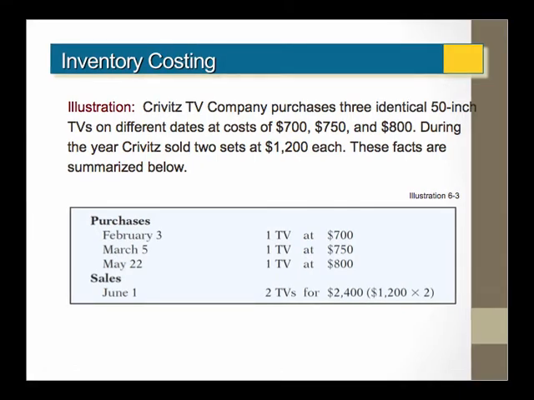So in this illustration, there was a purchase on February 3rd of 1 TV at $700, on May 5th for $750, and May 22nd, $800. The company sold on June 1st 2 TVs for $1,200 for a total of $2,400.